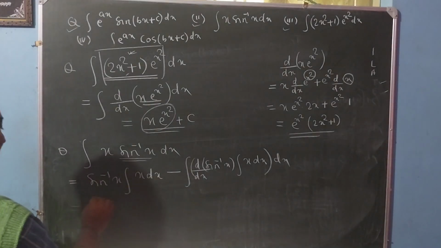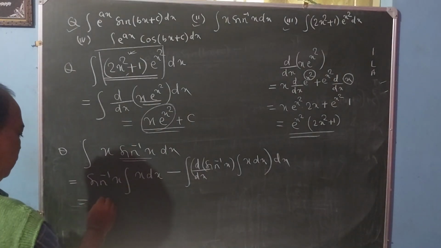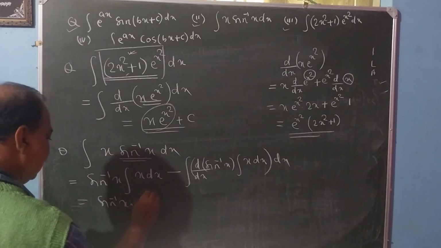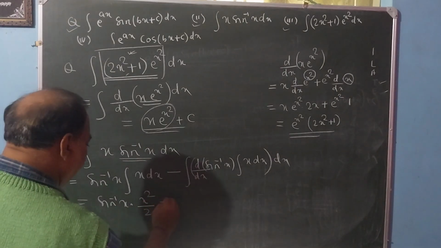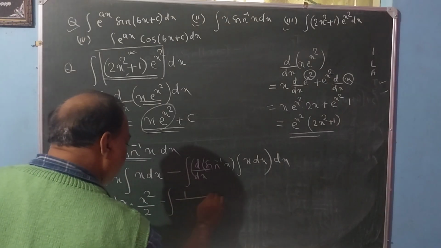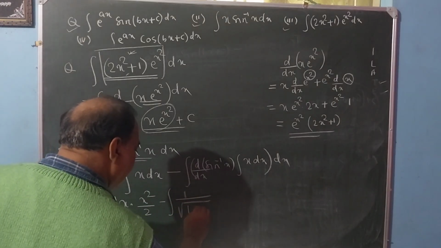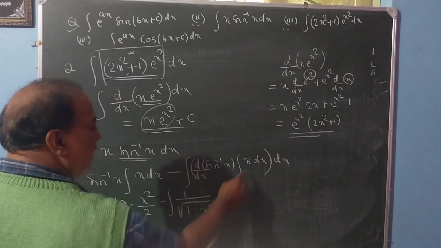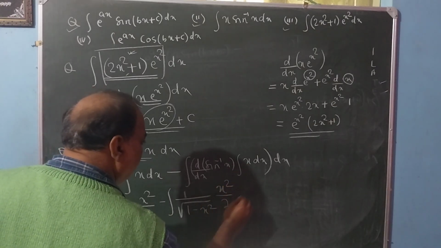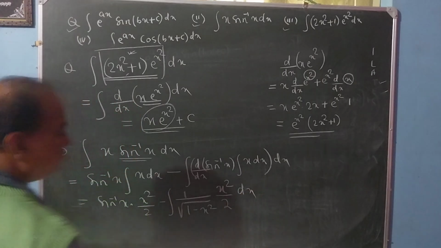So integration of x dx is x square by 2. So sine inverse x, here it is x square by 2, minus derivative of sine inverse x, that is 1 upon root over of 1 minus x square, integration of x dx, that is x square by 2, into dx.